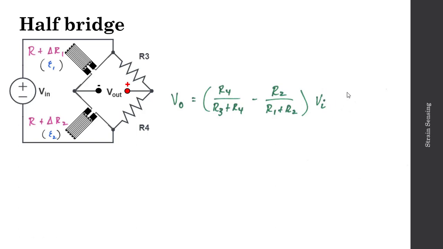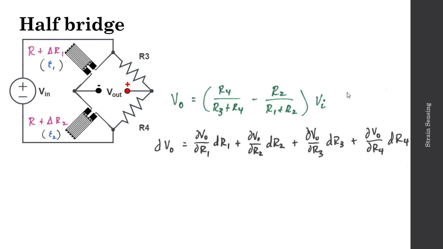Now in this case, I'm interested in how this output voltage is changing with regards to these small changes in resistance, delta R1 and delta R2. We can define that then as a change in voltage, dV out, is equal to the change in the output voltage with respect to the change in the initial resistance, R1, all times dR1.